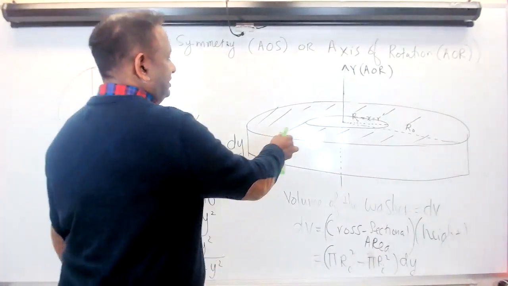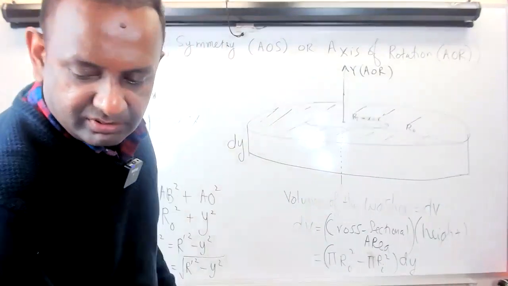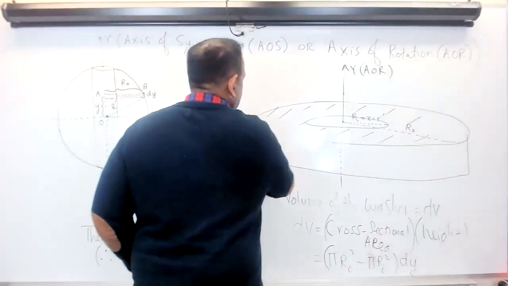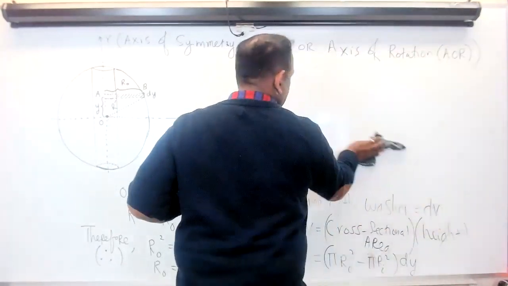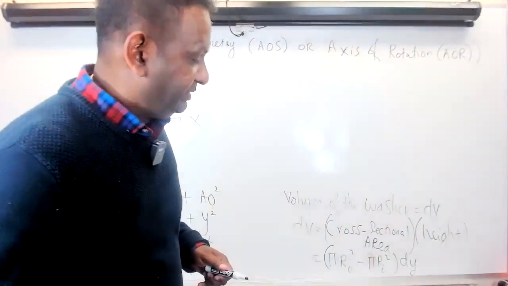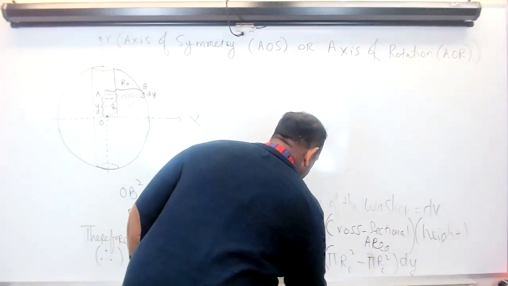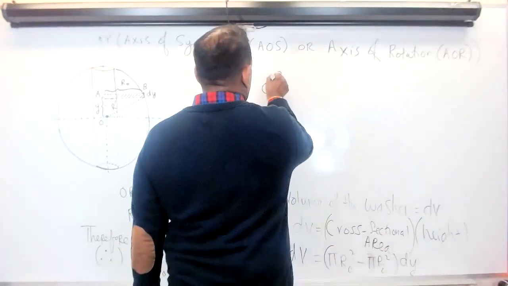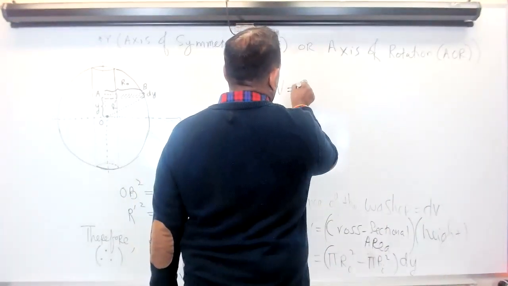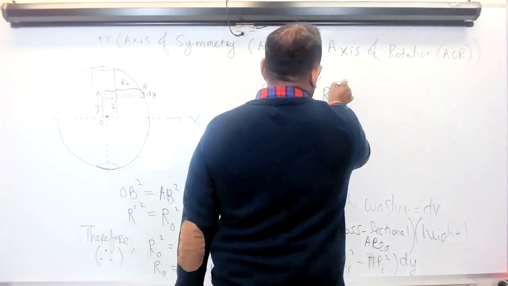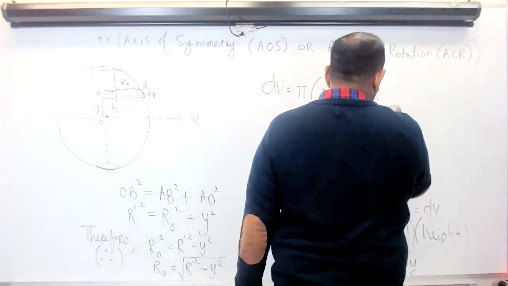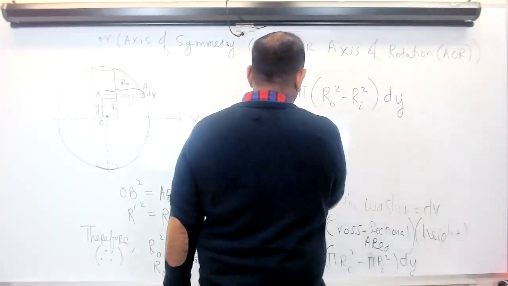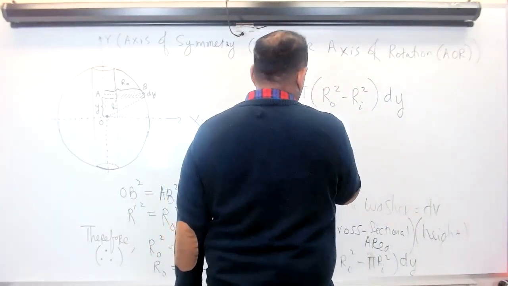So I'm gonna erase this one and try to find dV. Let's write dV. Okay. This dV, I'm gonna pull out pi, then you get r naught squared minus r inner squared dy. Then let's plug in whatever we have.